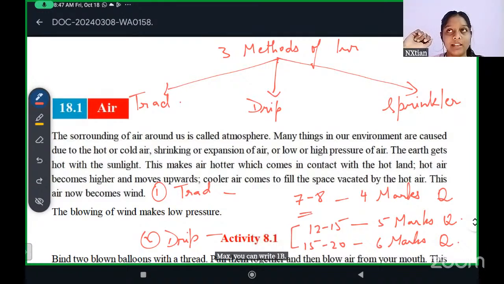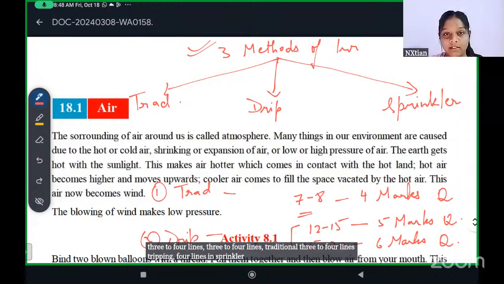But if it's a diagram, you can reduce the line limit a bit. Or if you are using a flowchart, then for all 3, traditional, drip, sprinkler, 3 to 4 lines each.